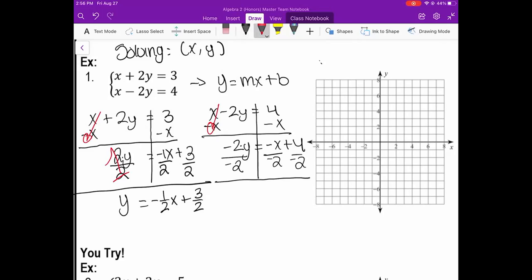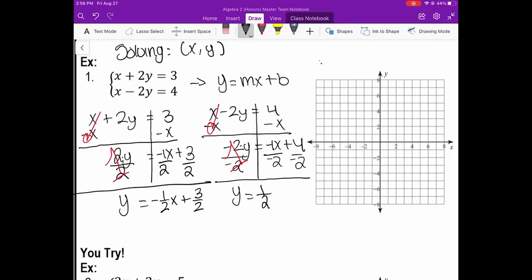Negative 2 divided by negative 2 equals 1. So I'm left with y equals, and then same thing. What's in front of the x? Well, there's technically a 1. So I got negative 1 divided by negative 2. Well, that's going to give me 0.5. Again, I don't want a decimal, so I'm just going to leave it as a fraction. However, you do have a negative divided by a negative, so that actually becomes a positive.